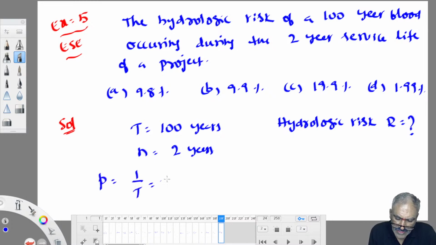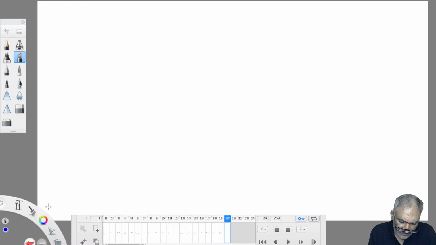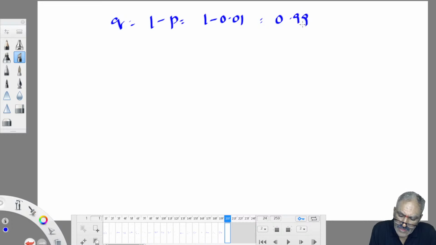P is equal to 1 by T. So it is 1 by 100, 0.01. If P is known, can't you work out Q? What is Q? Q is equal to 1 minus P. So 1 minus 0.01 is 0.99.